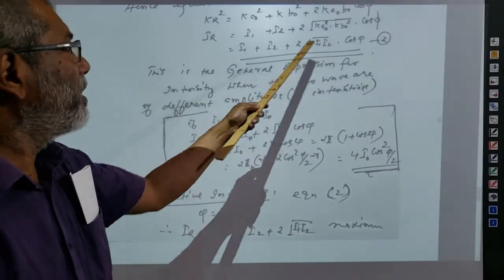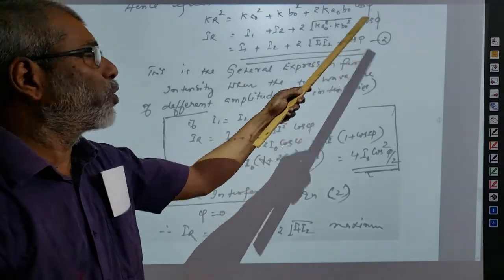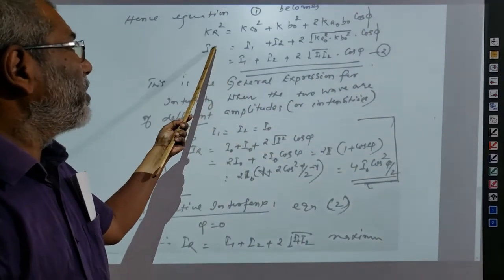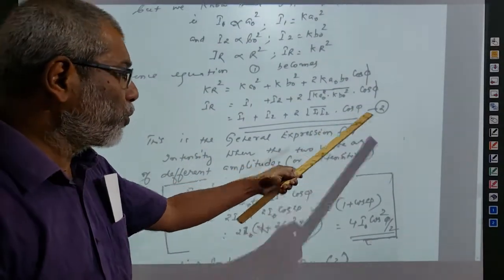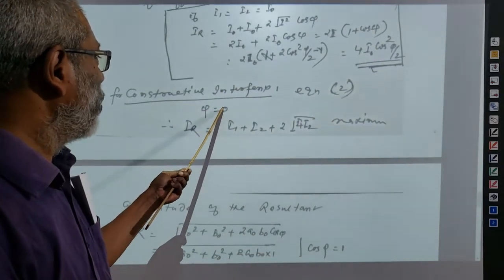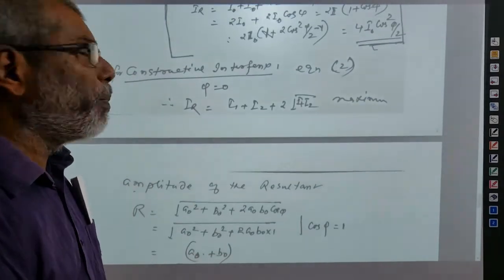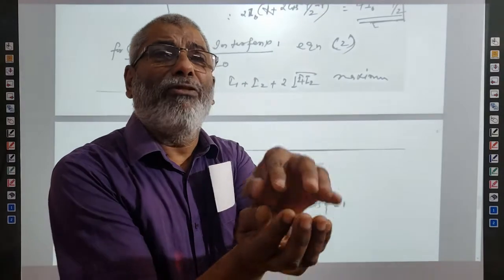Alright, next. For constructive interference, we have seen that the general expression is I1 plus I2 plus 2 root I1 I2 cos phi. So this intensity IR, that means the intensity of the resultant wave, depends on cos phi. But for constructive interference, cos phi must be maximum, which means the two waves are reaching a point in phase.